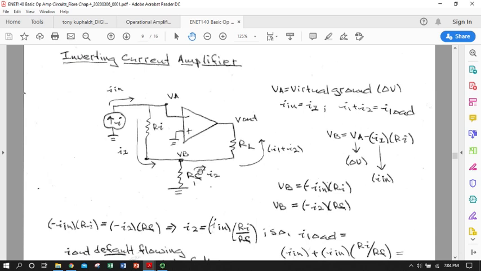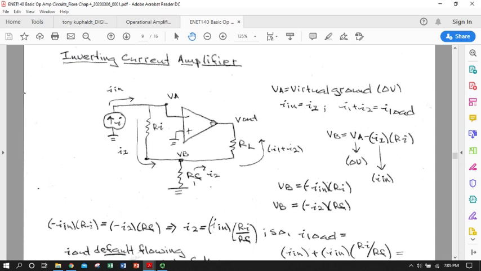We have I2 coming up through the feedback resistor, and of course it's being joined by I1 coming from the current source, like a little river convergence here. So we have a little Kirchhoff's current law node here. I1 in and I2 in means I1 plus I2 flows out through the load and back into the op amp.